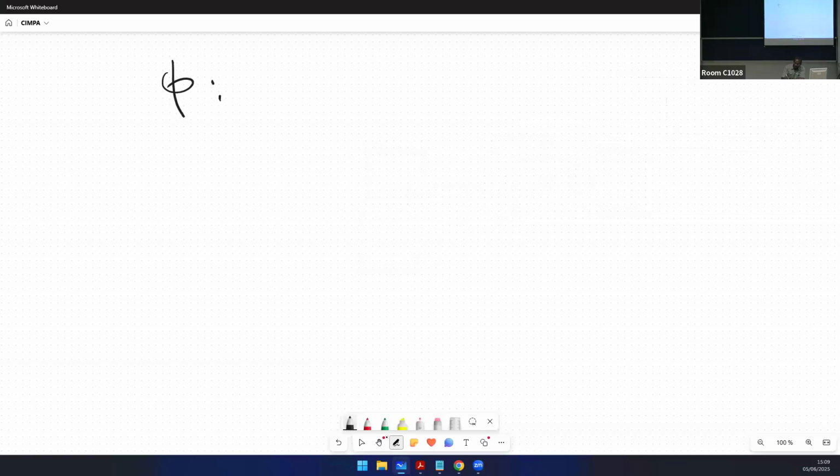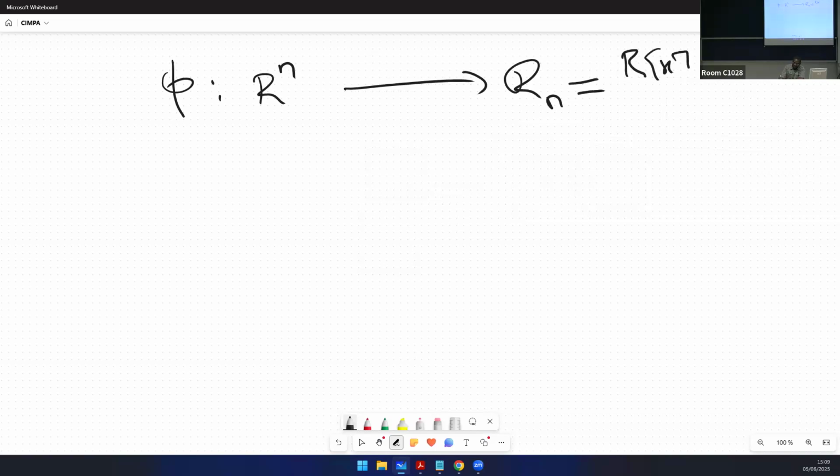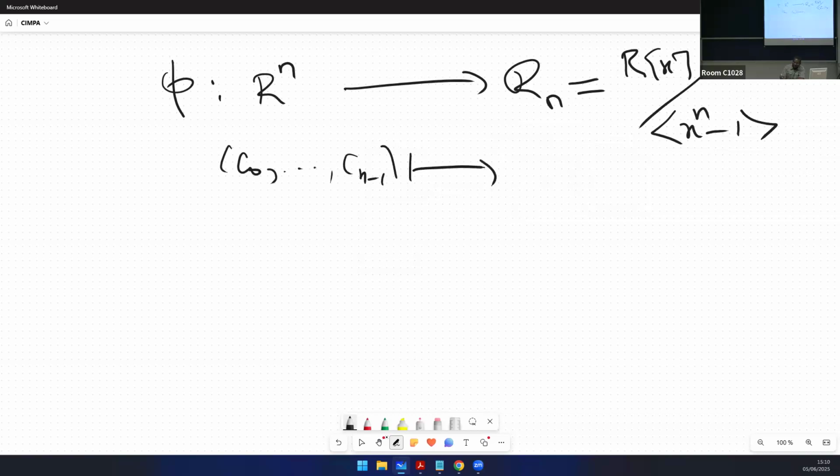Okay, we have this application, the injection phi, which sends c0 ... cn-1 to the sum of ci x^i, i going from 0 to n-1.